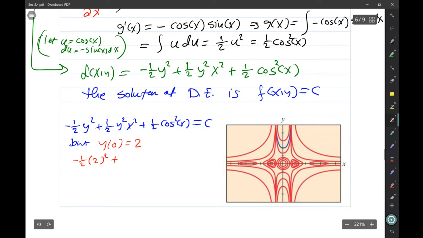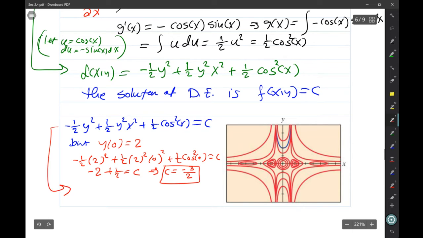Minus half 2 square plus half 2 square times 0 square plus half cosine 0 square is equal to c. Cosine of 0 gives me 1, square 1 gives me here half. This goes to 0. 2 square gives me 4 divided by 2 gives me 2. Minus 2 plus half equals c. That means c is equal to minus 3 by 2.